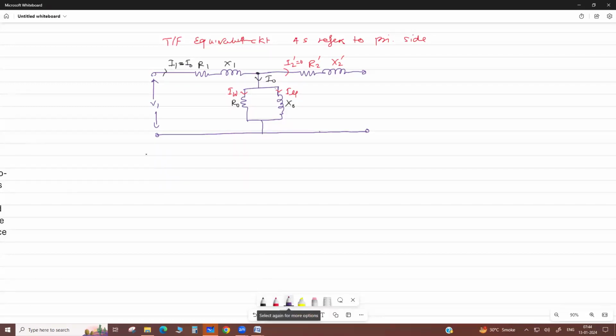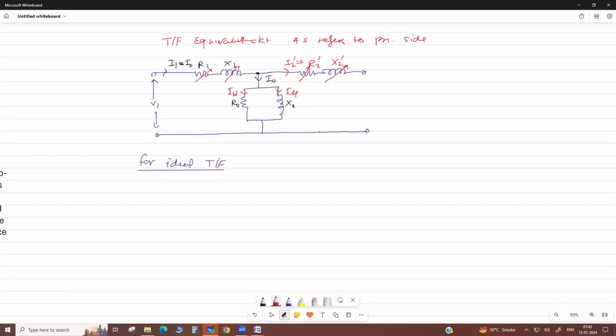Now ideal transformer means loss-free ideal transformer. So in an ideal transformer there is no winding resistance, negligible resistance. We neglect the primary resistance and secondary resistance. There is no leakage flux. 100% flux is in the core only. 100% coupling between primary and secondary.